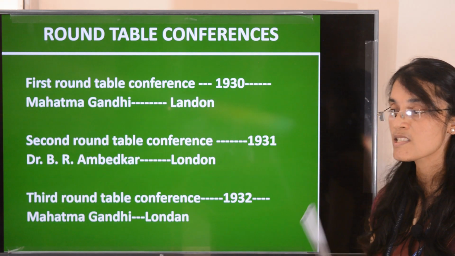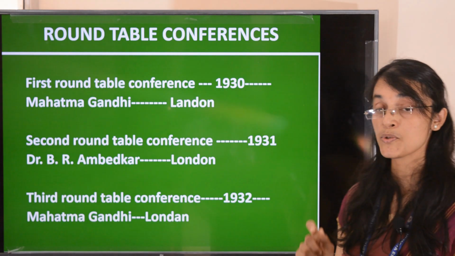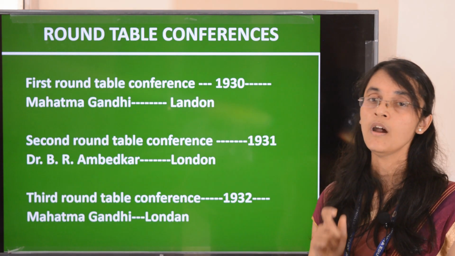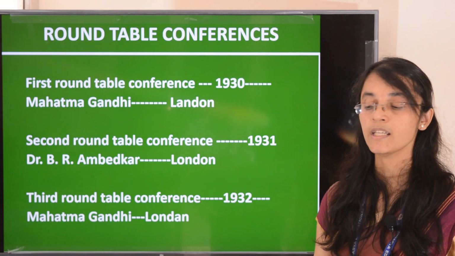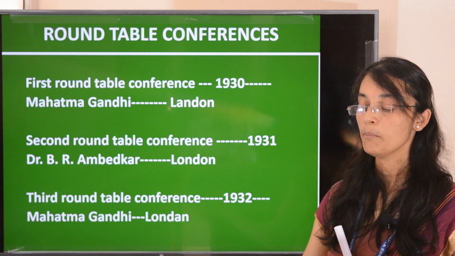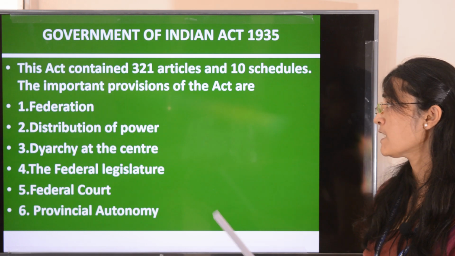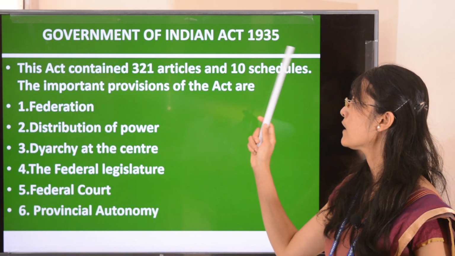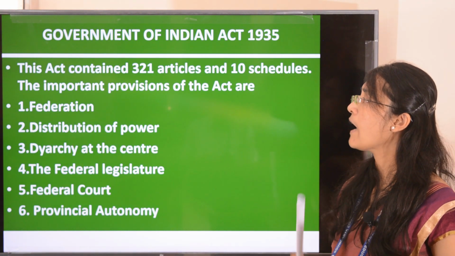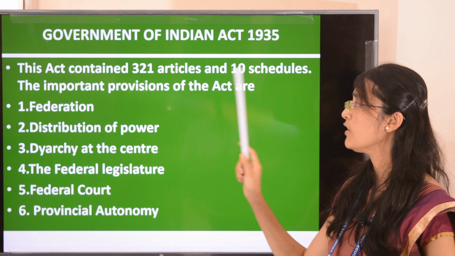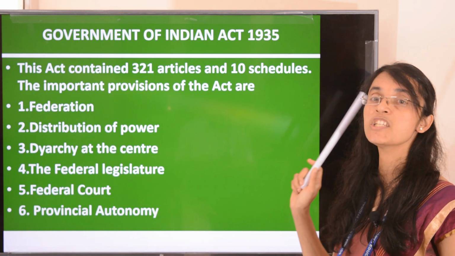See students, this is the historical background for which one here? The historical background for the Government of India Act of 1935. Now come to the main topic, the Government of India Act of 1935. This act contained 321 articles and 10 schedules.